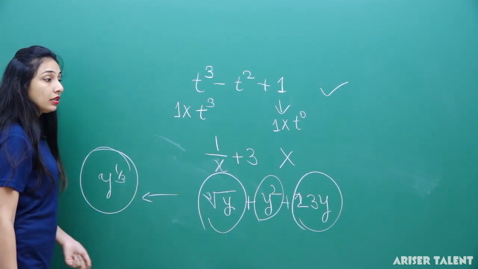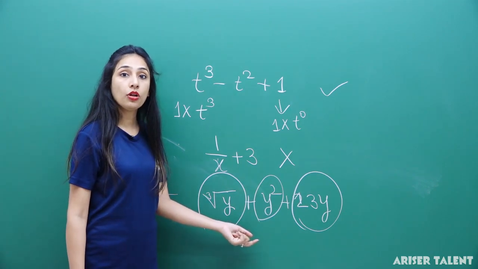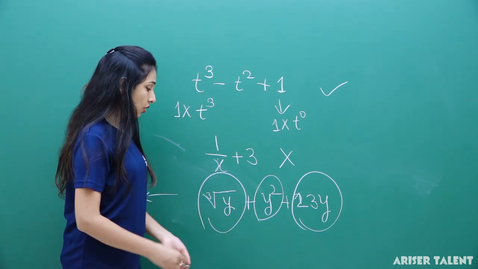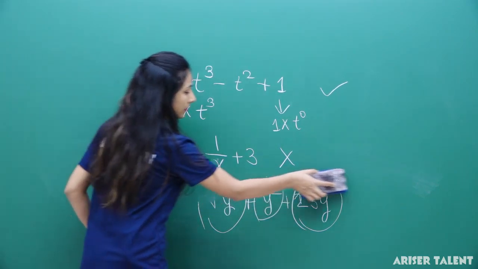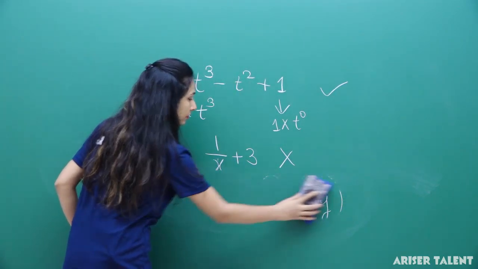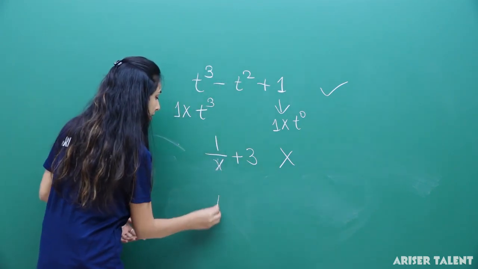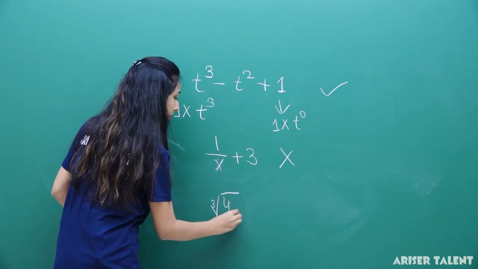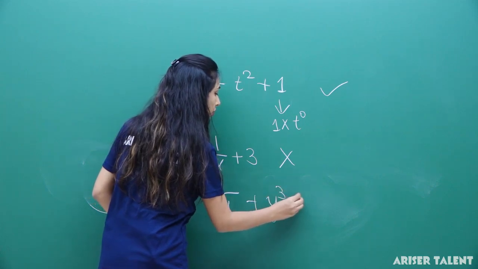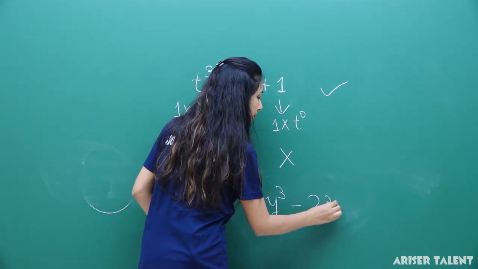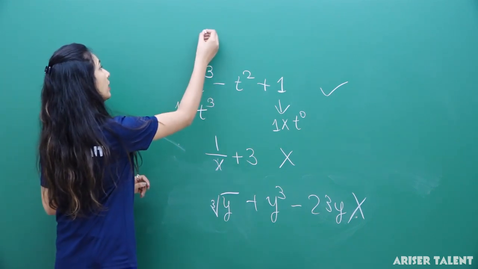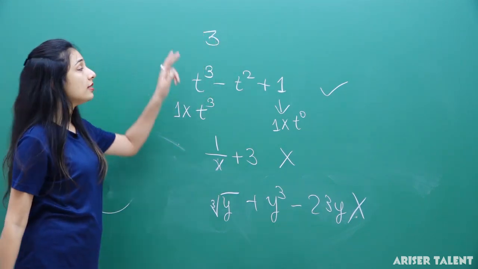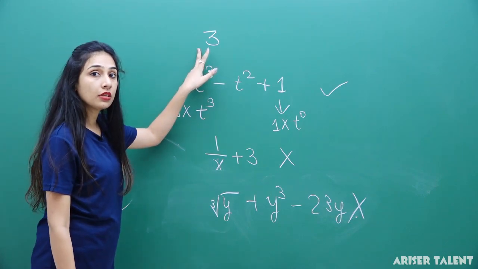That means this is not a polynomial expression. Now if I write 3, is this a polynomial expression?